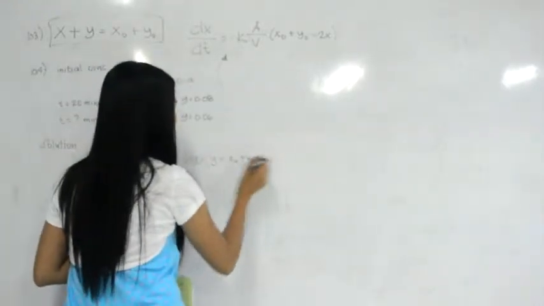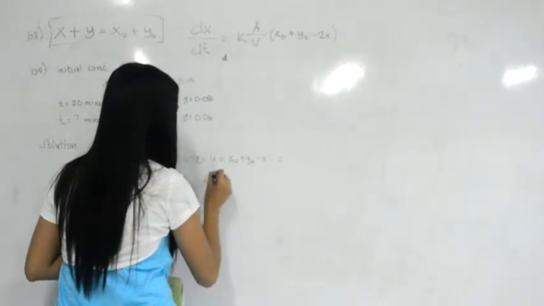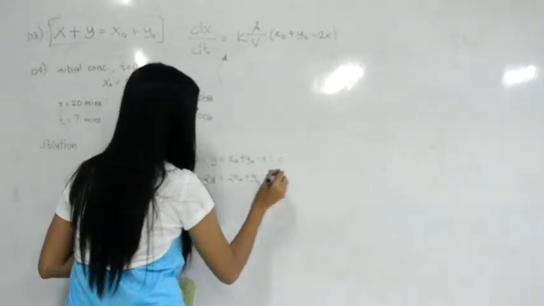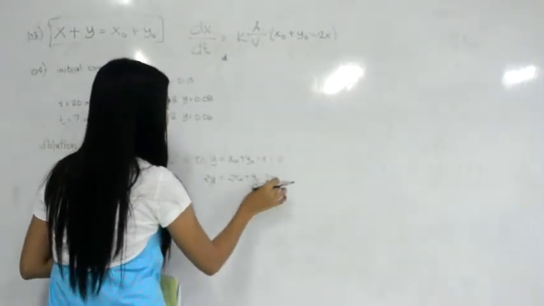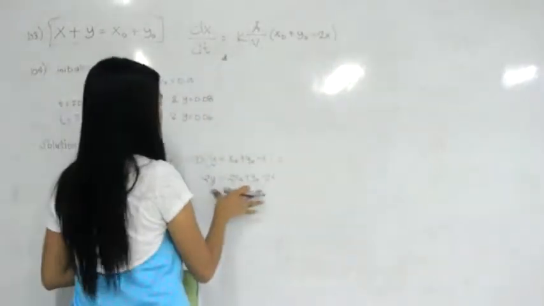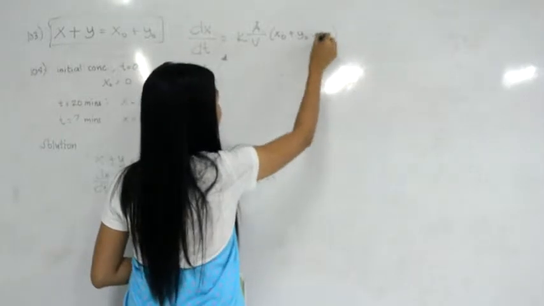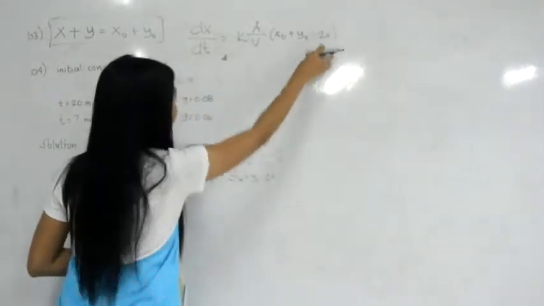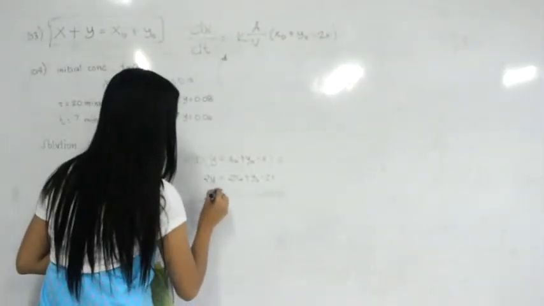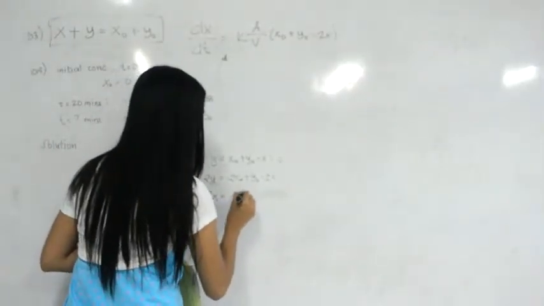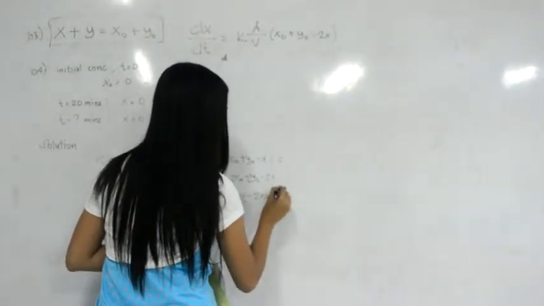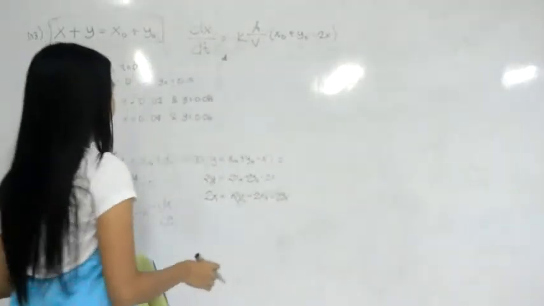If we're going to multiply this by 2, 2y is equal to 2x0 plus 2y0 minus 2x. Now, getting negative 2x, in order for us to substitute this equation to this given term here, we can get negative 2x is equal to 2y minus 2x0 minus 2y0.